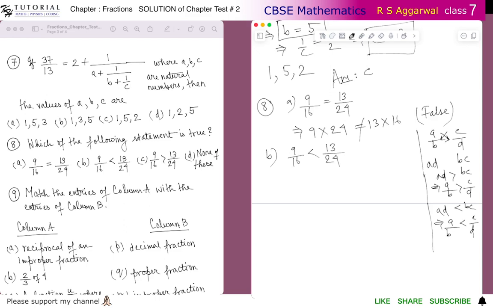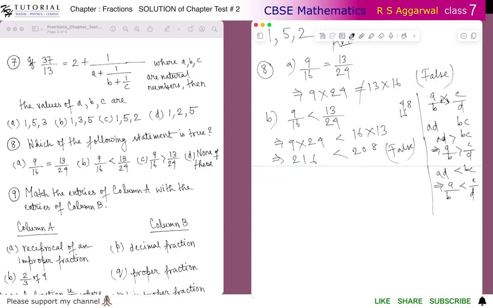Let's say we do the cross product. This implies 9 multiplied by 24 must be less than 16 multiplied by 13. If you do the multiplication, 216 should be less than, over here, 16 times 13, which is 208. No, this is false. 216 is not less than 208.